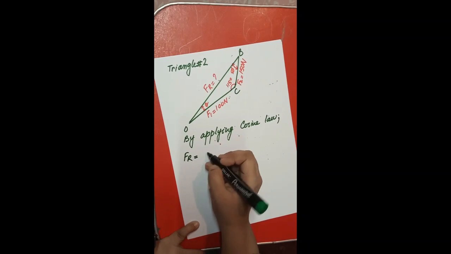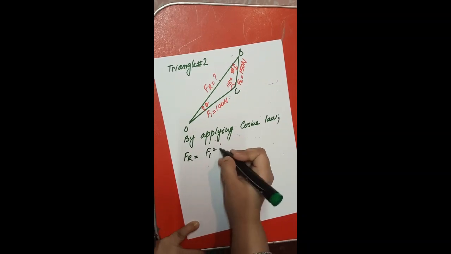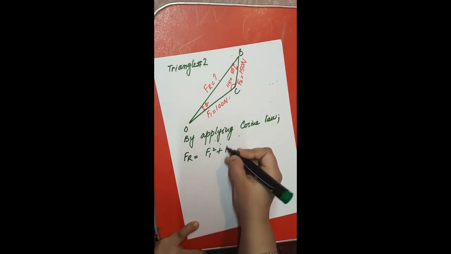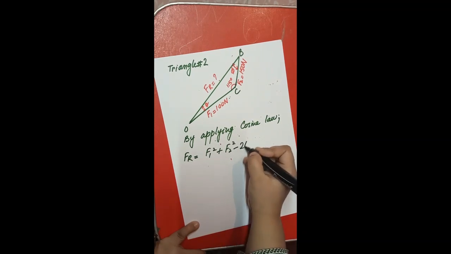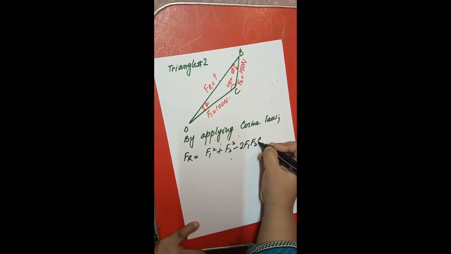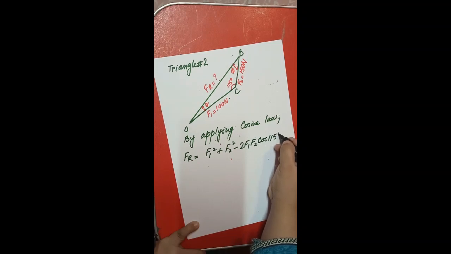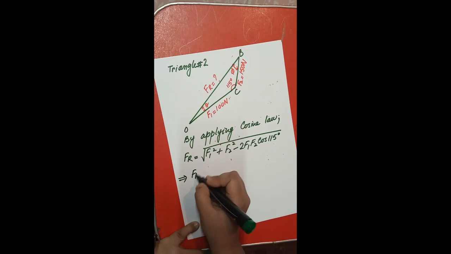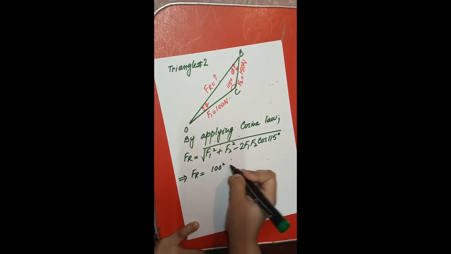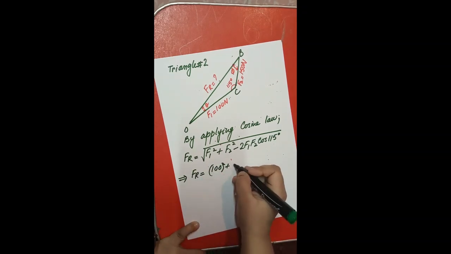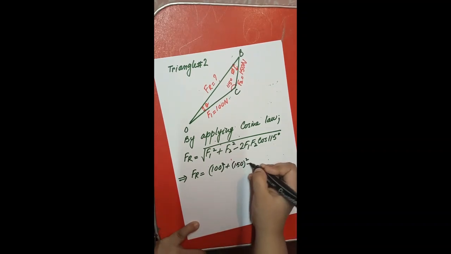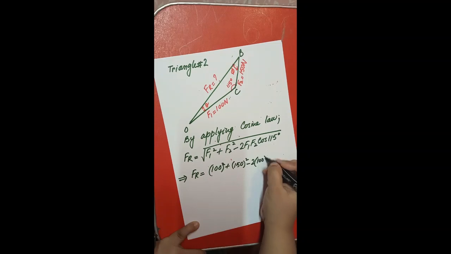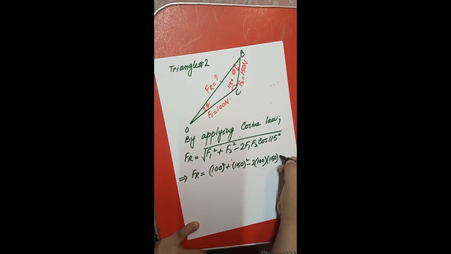FR is equal to the square root of F1 square plus F2 square minus 2 F1 F2 cos of angle 115 degrees. So we will put the values: 100 square plus 150 square minus 2 into 100 into 150 cos of 115 degrees.